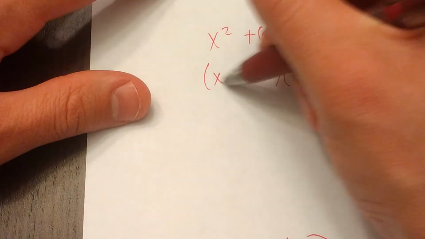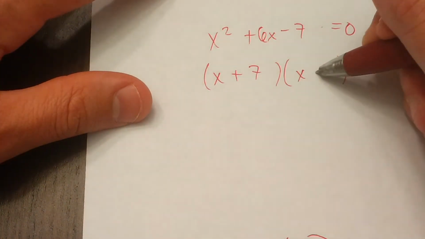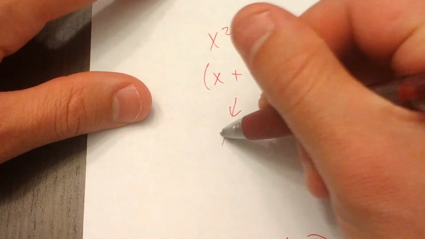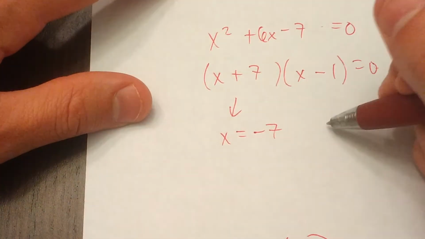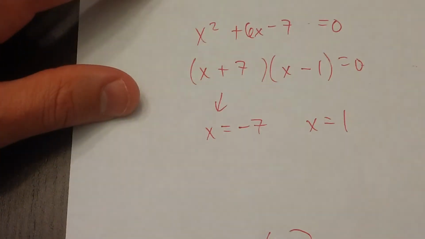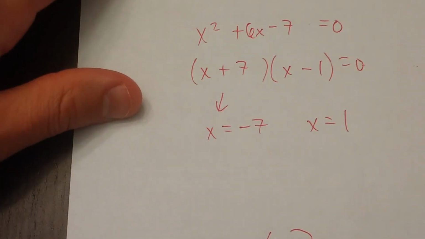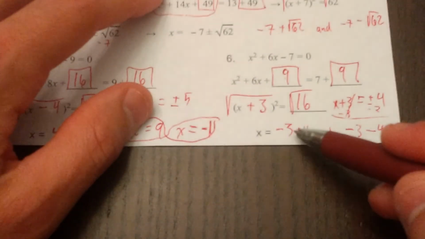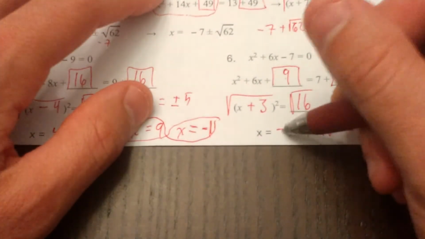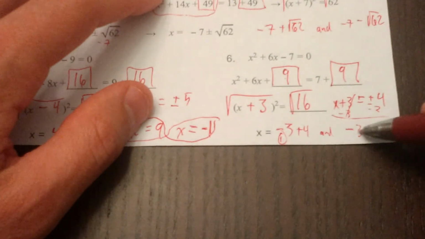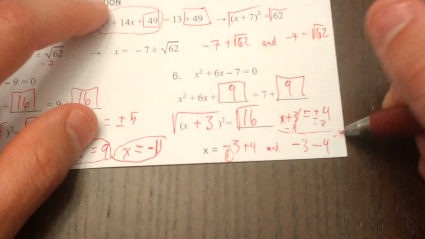Oh yeah, it's x plus 7 and x minus 1, giving us answers of x equals negative 7, x equals positive 1. Were those not the same answers that we produced using this method? Here's the 1, negative 3 plus 4, yep, that's 1. And negative 3 subtract 4, yep, that's negative 7.